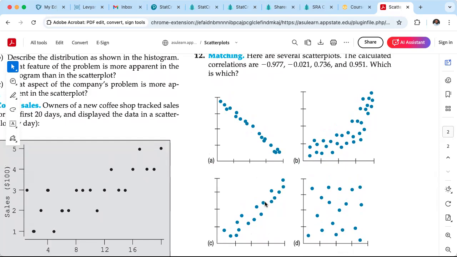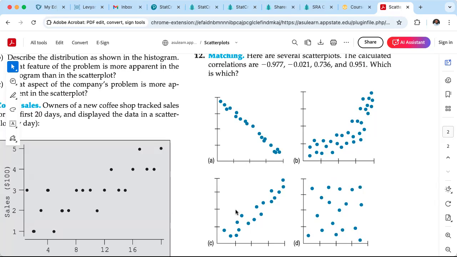Okay, good. So now we know that if it is positive, the sign of R is positive, right? So we are dealing with these two. 0.736 should go for which one? B, right? 0.95 should go for which one? C. So you see we've answered that one.